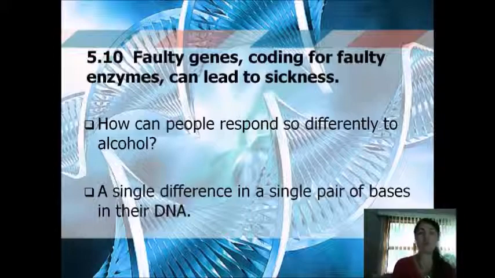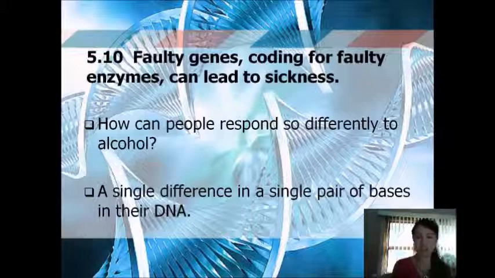So this is an interesting example. It might be one that you want to go look at in your book. It says, how can people respond so differently to alcohol? There are some people that it doesn't seem like alcohol phases them at all, and other people, when they drink, they get fuzzy and irritated, and they rub their nose because they don't feel very well.